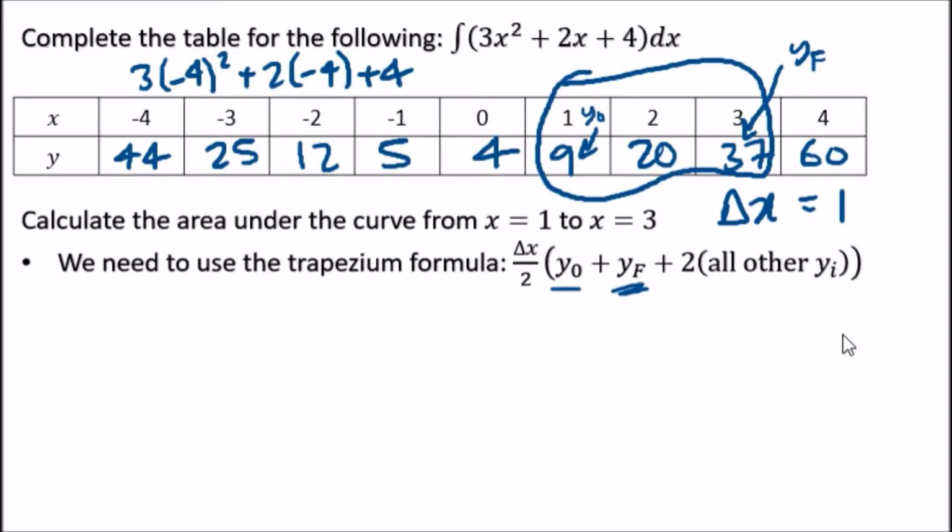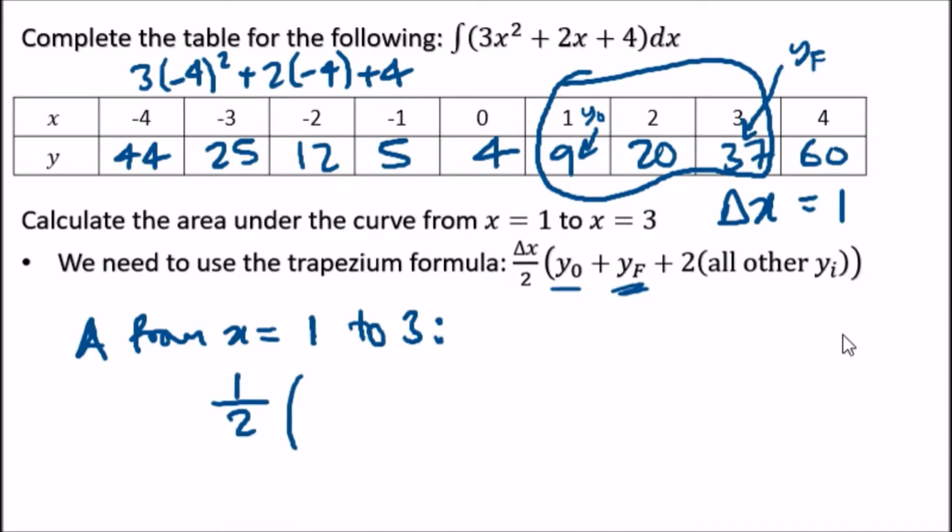So that's it, guys. That's literally it. So we could say that the area from x equals 1 to x equals 3 is going to be delta x, which is 1 over 2, times y0, which is 9, plus 37, plus 2 times everything in between, which is 20.